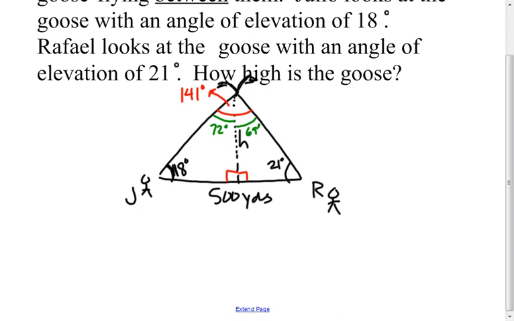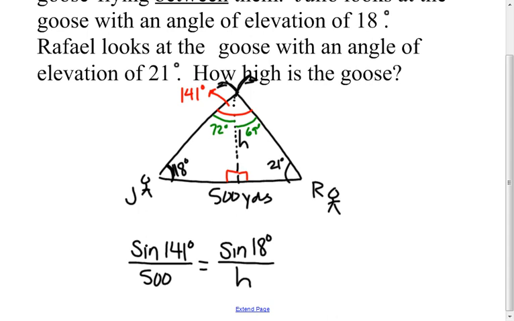Here we go. This is the next thing people do. They set up a proportion, and they go like this. I'm going to use the left side, though you could use the right side if you wanted. Sine of 141, that top angle, over the side opposite of it, which is 500, equals sine of 18 degrees over h.